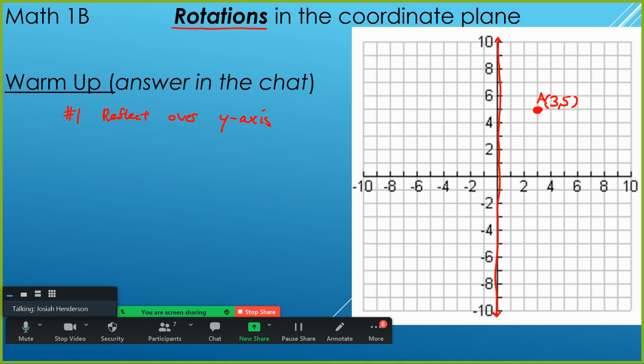It's starting at 3 comma 5. What is that rule from yesterday? If it folds this way, we know it's going to be right across horizontally, right? How far is it going to go? How high up or down is it?